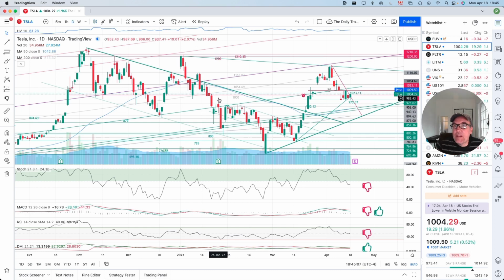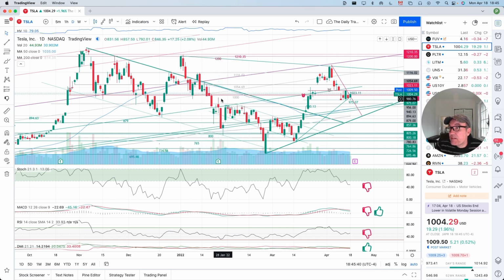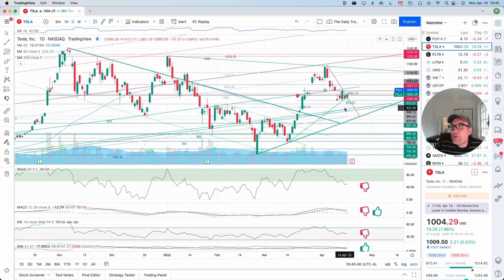And when the earnings details were made known on the 26th after the close, then on the next day, the stock dropped. This little move up here was just because people had high expectations and the news was pretty good. And the stock tanked anyway and went sideways and tanked some more. So I would be very cautious here.